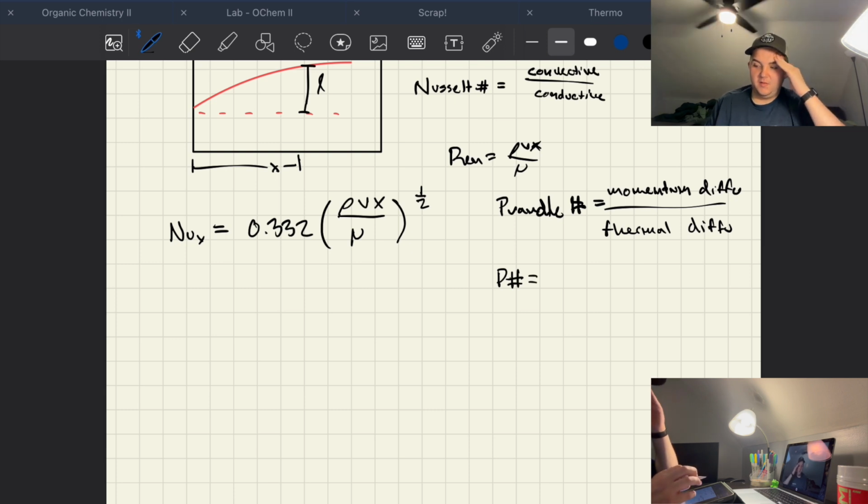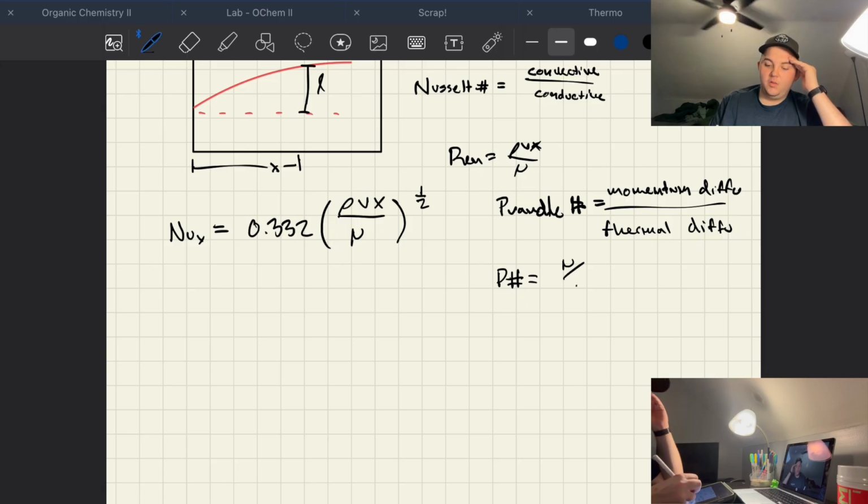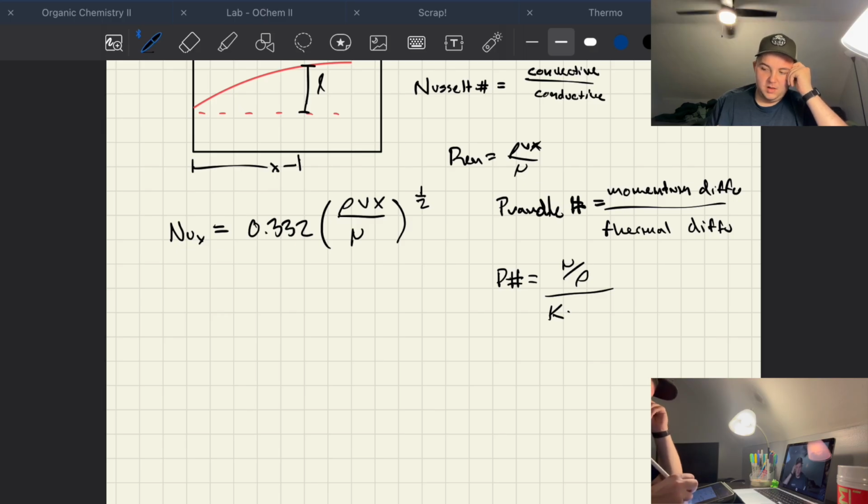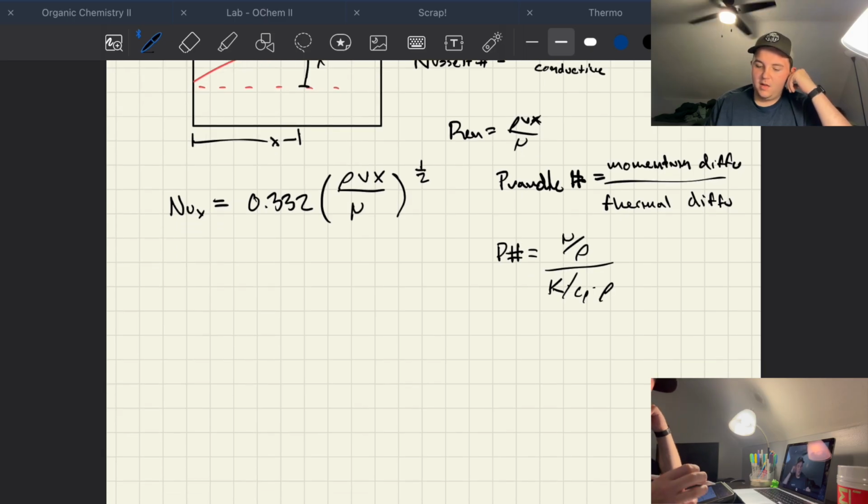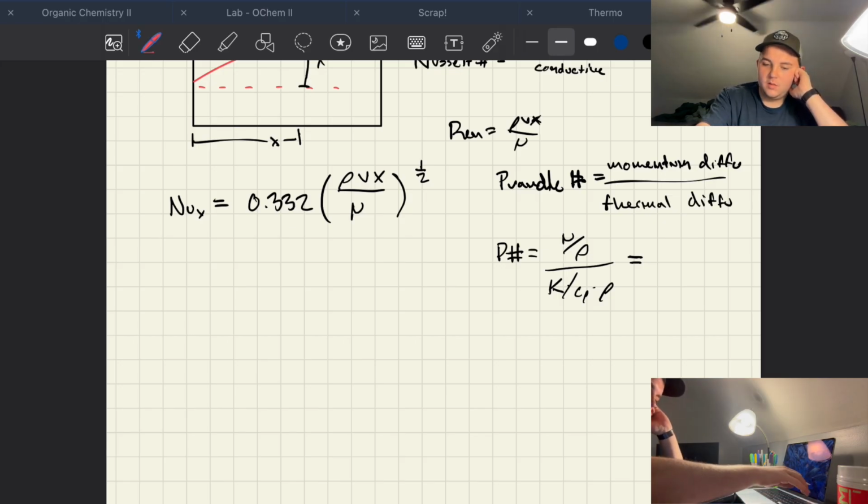We know our momentum diffusivity is going to be mu over rho, so viscosity over density. And our thermal diffusivity that we use all the time for our problems is going to be k over Cp times rho, density.